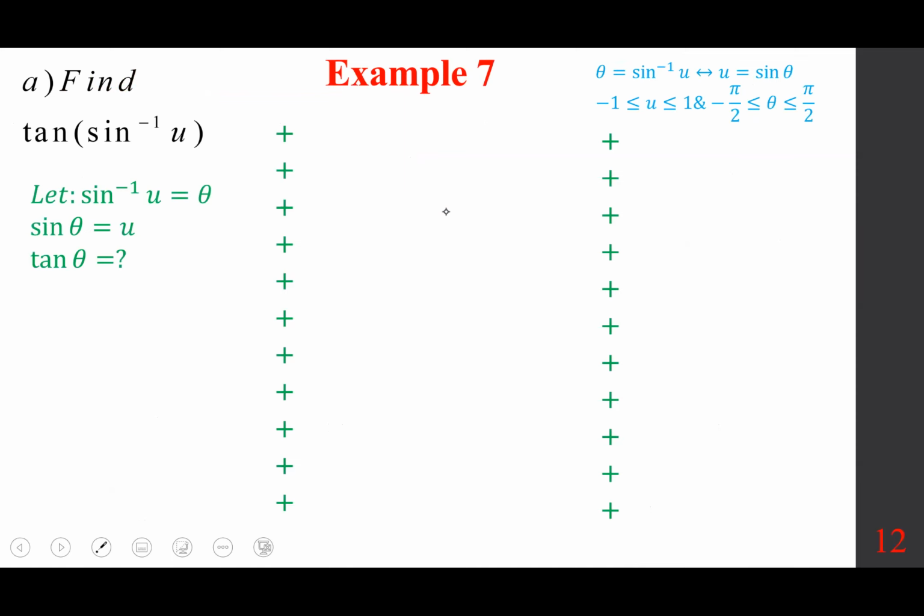Let's look at a couple more examples. We are interested in finding tan of sine inverse of u. And we know if we set this equal to theta, that means sine theta must be u. We are looking for tan theta. One easy way is to use the identity that tangent is sine over cosine.